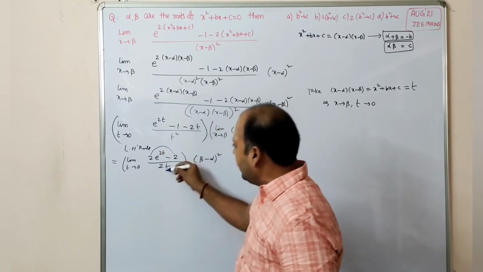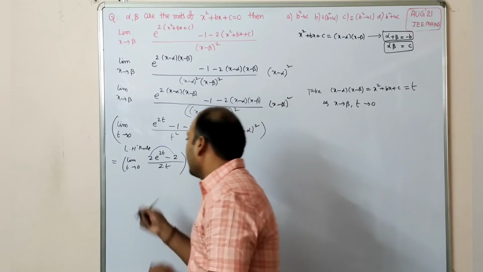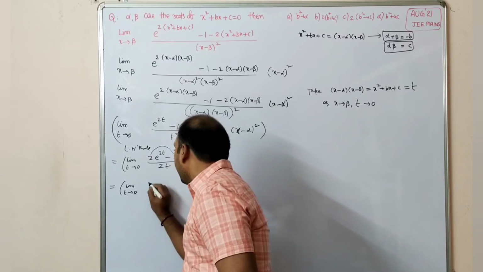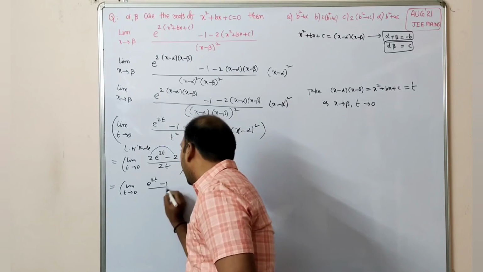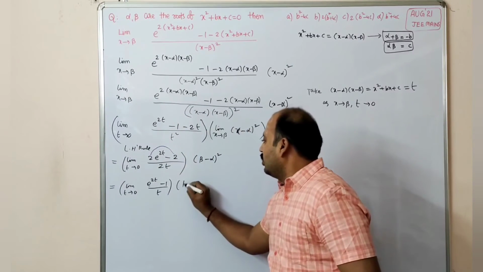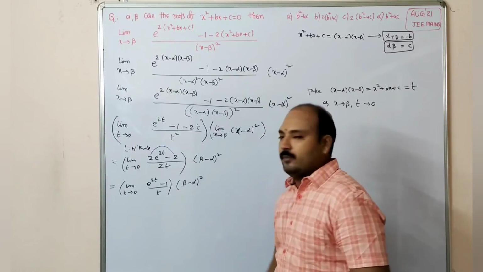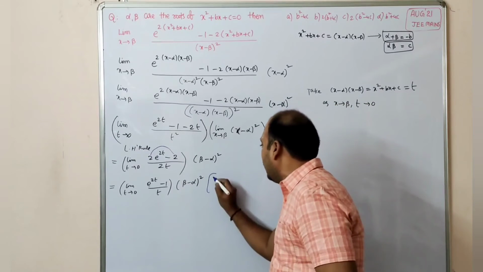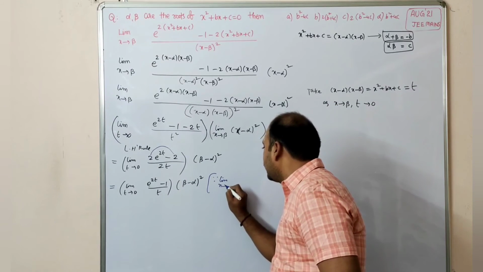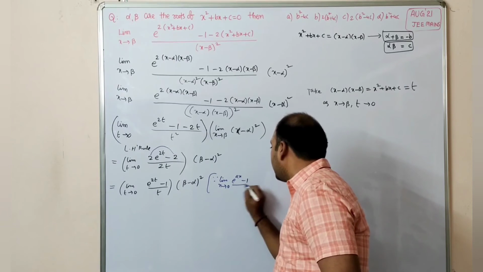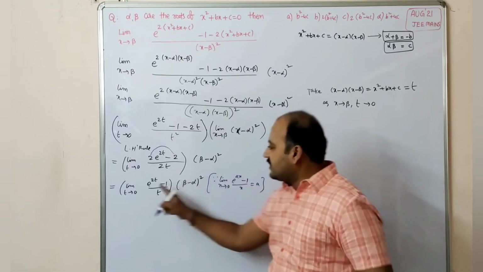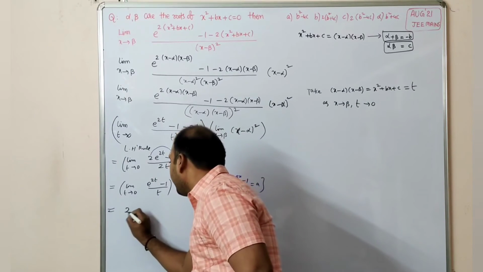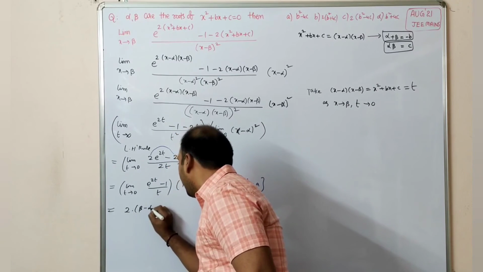This becomes limit t tends to 0 of (e power 2t minus 1) by t into (beta minus alpha) whole square. Again we have the standard result: limit x tends to 0 of (e power ax minus 1) by x is equal to a. In place of a, what value is there? 2 is there. So the first limit value goes to 2 into (beta minus alpha) whole square.